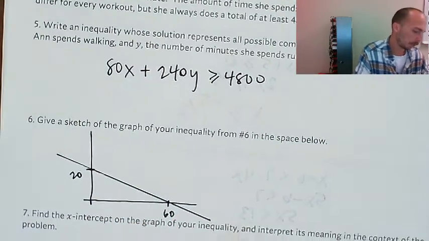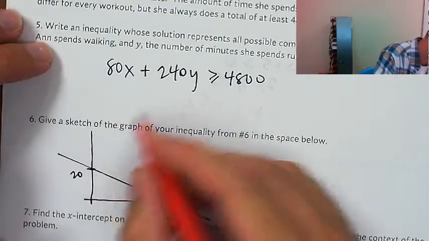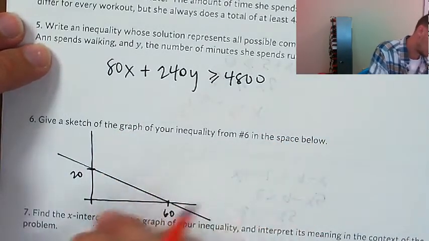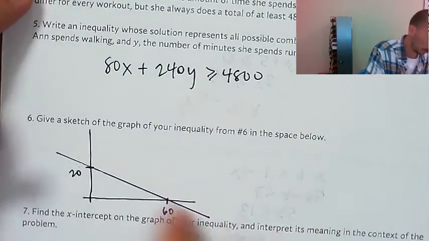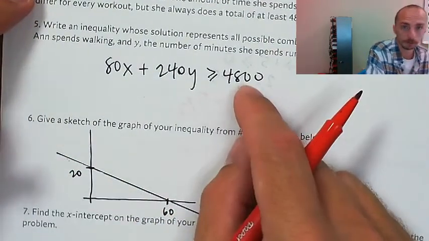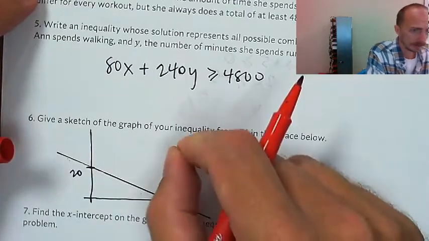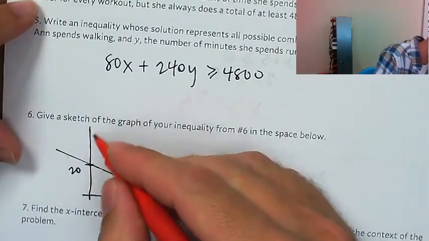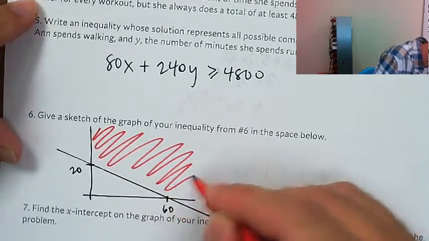And then the inequality is really everything where y is greater than or equal to the line. You think about this line representing exactly 4,800 meters, and more time spent walking and running would give you more distance, so that's another reason why it's going to be this region up here.